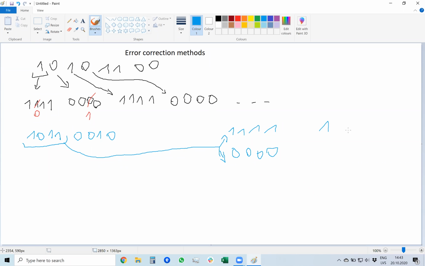However, compared to 0000, 3 bits are different. We would call this the distance between input and output.